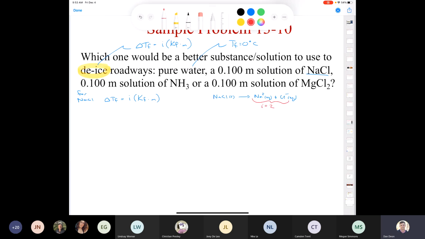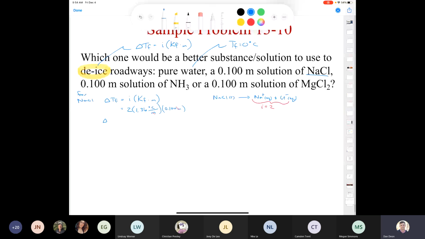i equals 2. So that means our delta TF is going to be 2 times the freezing point depression constant of water, which is 1.36 degrees Celsius per mole. We looked at that in the last class. Multiplied by the molality, 0.100 mole, like that. Molality cancels, and we get our delta TF, not our TF.